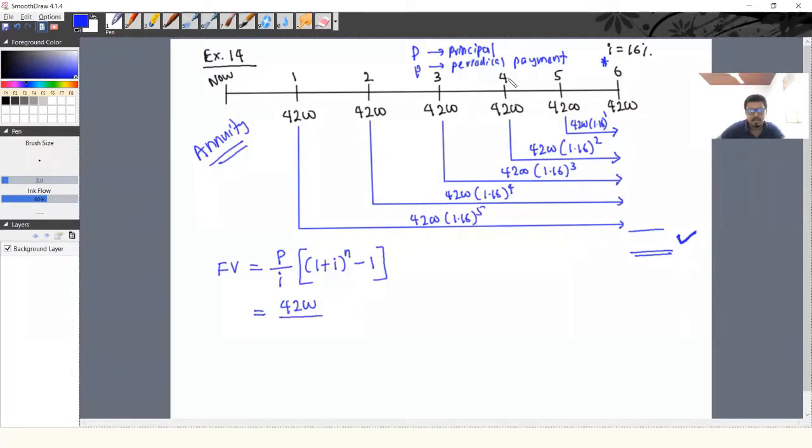Divided by I. Interest rate is given as 16%. It means 0.16. 1 plus the value of I, that is 0.16, to the power n. Now tell me what should be the value of n here?